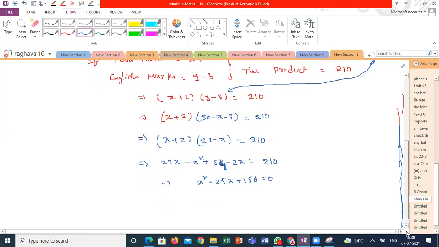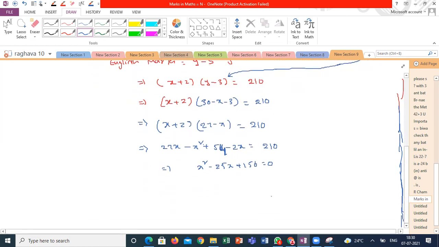How to solve this equation? Which method do you use, madam? First, splitting the middle term. 13 into 12, yes, sir, 156. Or you can use the formula also, guys.